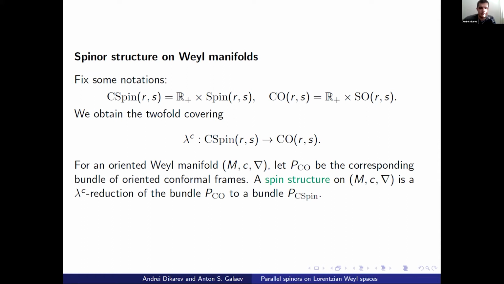And we call a spin structure on the Weyl manifold (M, C, nabla) a lambda C reduction of the bundle P CO to the bundle P C spin.